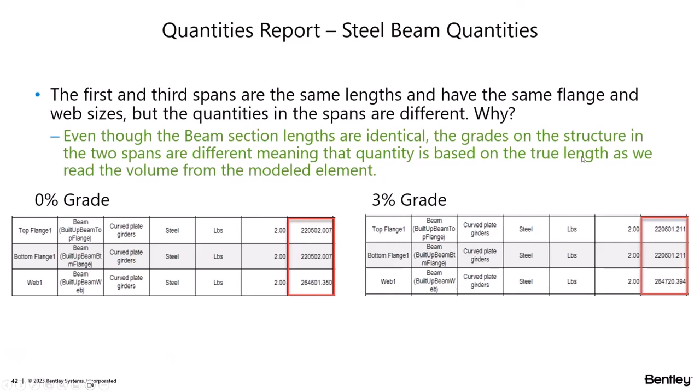So it does use the true length of those elements, because we read the volume of those steel plates from what MicroStation tells us is the volume for the webs and top and bottom flanges. That helps us come up with a poundage of steel for each of those members.